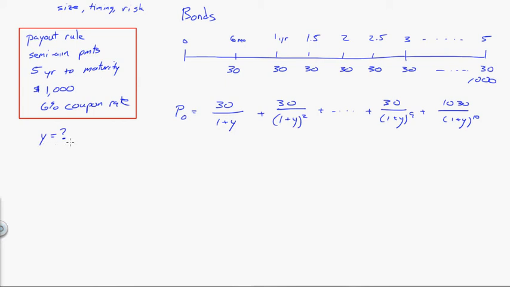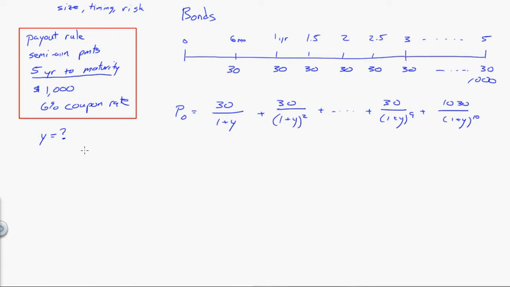So we as the investor determine how much risk we think is in the asset. We determine the real return that we need, the inflation premium that we need. So this is a number that we determine, and this changes. The payout rule doesn't change. The only thing that changes in the payout rule is the time to maturity, and it changes as time goes by.